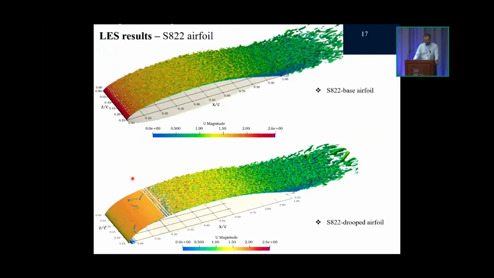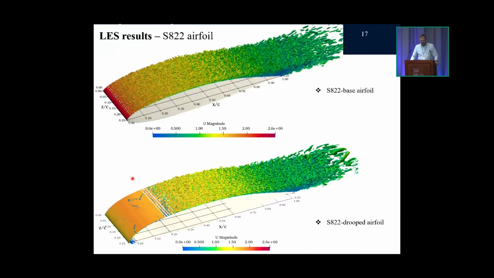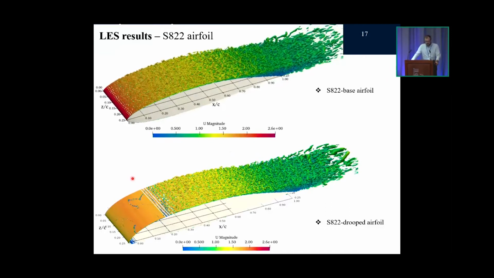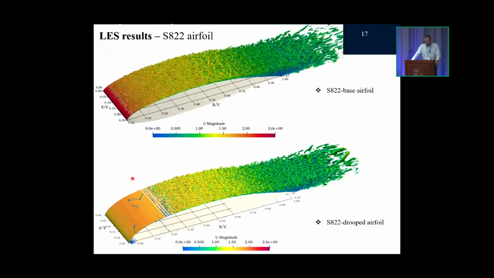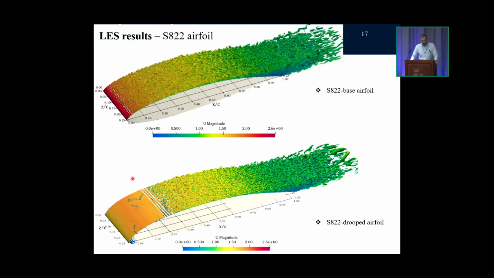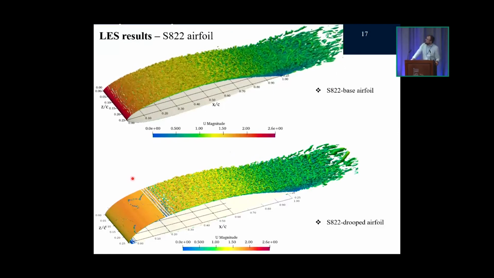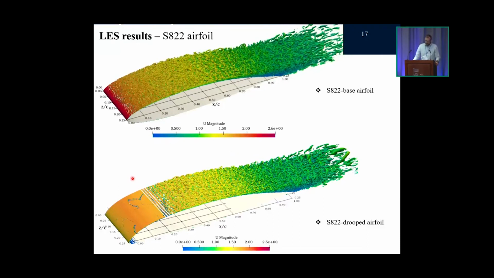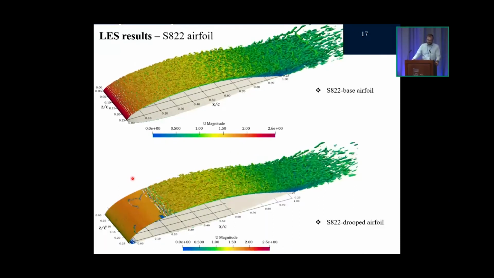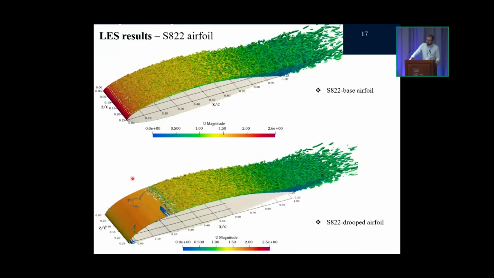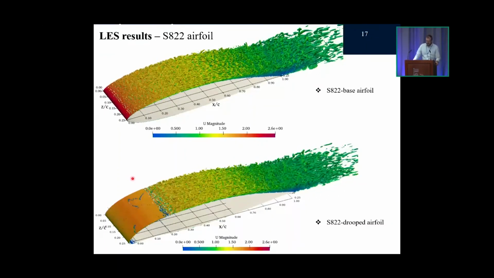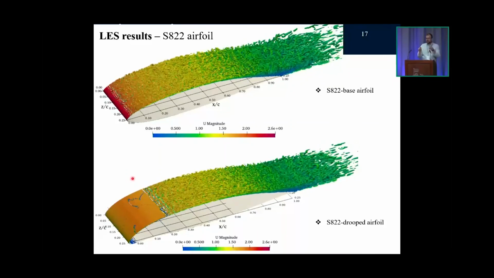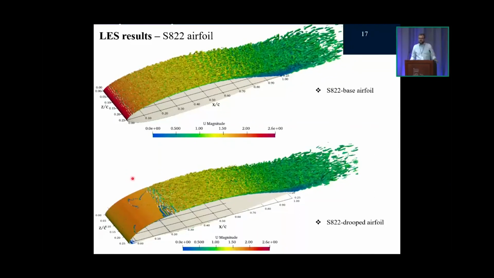Here we have isocontours of the Q criterion colored by the velocity magnitude. The top one is the non-drooped base airfoil, and when we look at the transition process, we see that the leading edge separation bubble, which is colored red, initially has relatively span-wise homogeneous disturbances being shed from it.